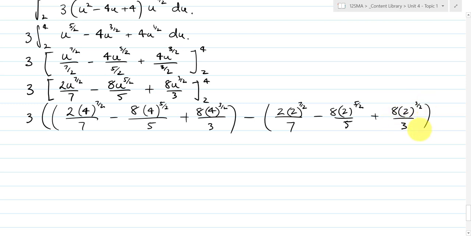There we go, and I'll just put this in my calculator to get an exact value answer.